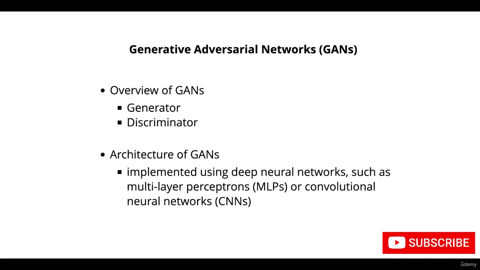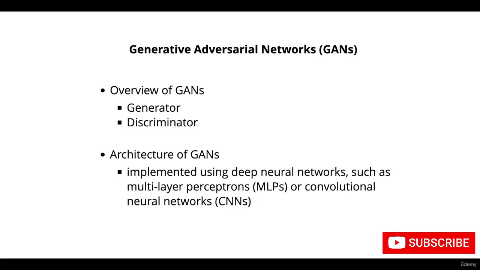As you can see from the names, the generator learns to produce synthetic data samples that are indistinguishable from the real data, while the discriminator learns to differentiate between real and fake samples. So to go over some of the overview of GANs, GANs are composed of two neural networks, the generator and the discriminator.